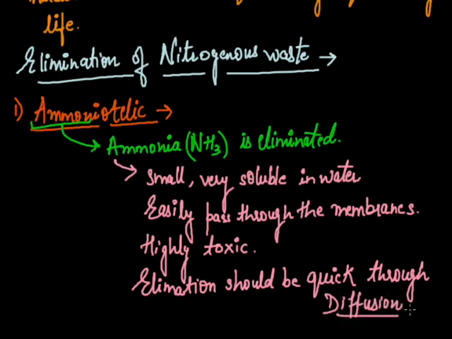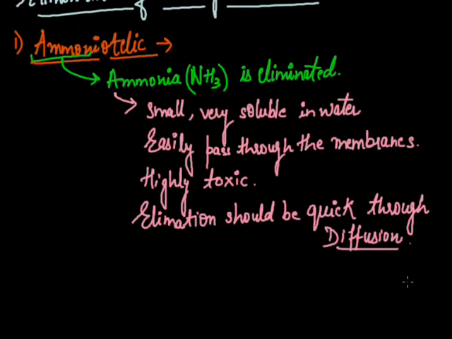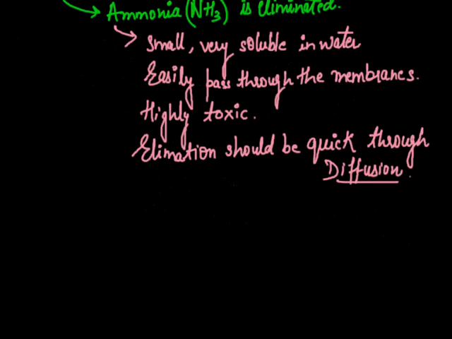As we all know, diffusion is the movement of a substance from higher concentration to lower concentration. As the ammonia concentration inside the body is higher, it will be removed from inside the body to the outer environment. This is seen mainly in aquatic animals, that is, animals which live in water.